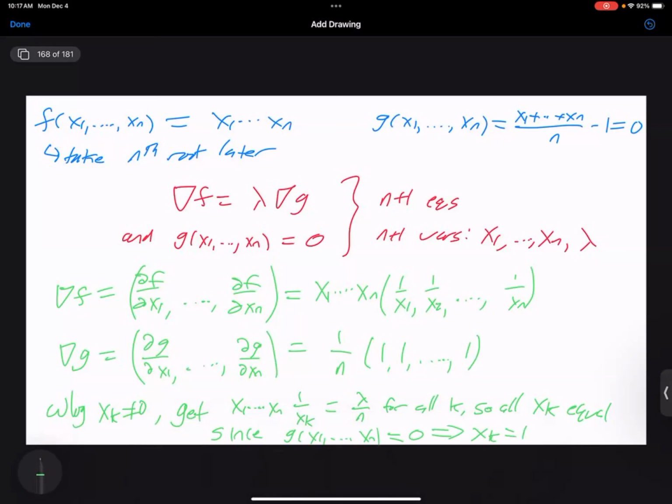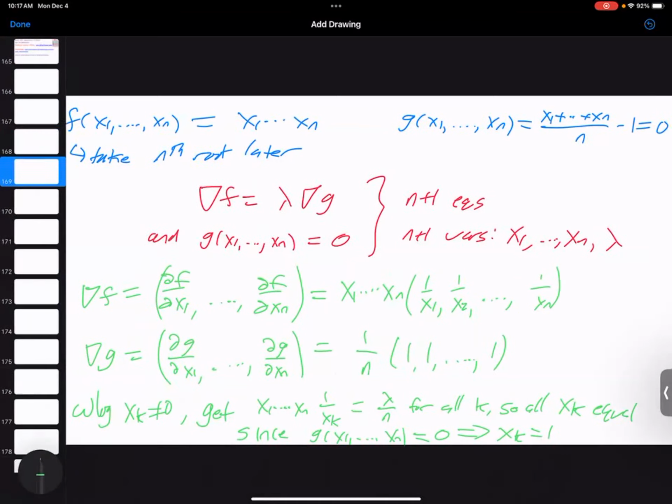And so do we think that this is a maximum value or a minimum value? We have an extremum at x1 equals ... equals xn equals 1. Does everybody agree that all the x's have to be equal?